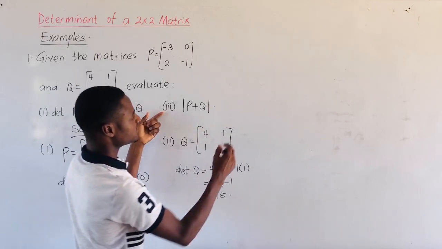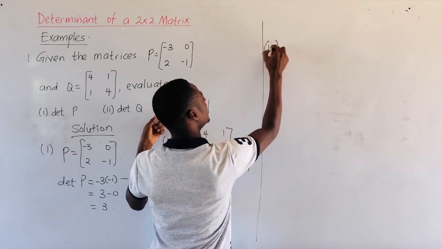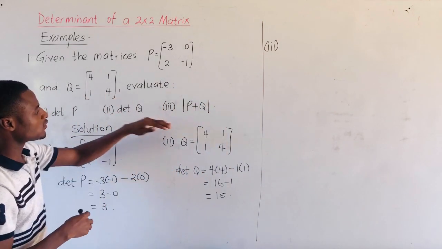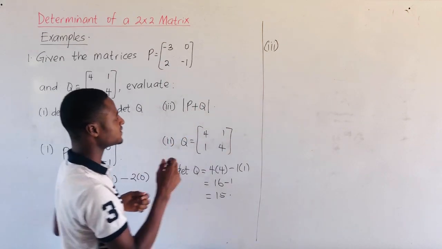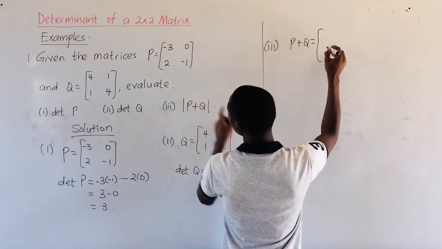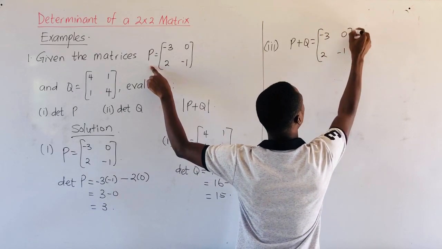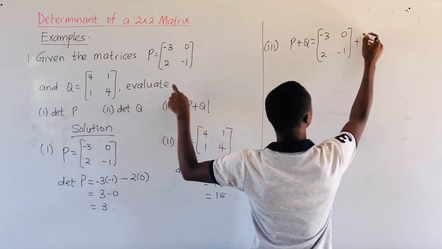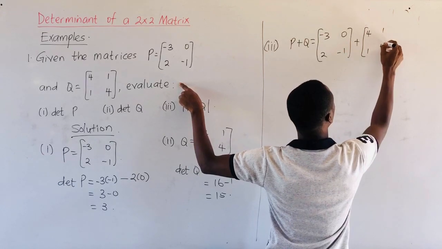In the third question, we are supposed to find the determinant of the matrix P plus Q. So we need to get matrix P plus Q, which is P plus Q is equal to negative 3, 0, 2, negative 1, plus Q is 4, 1, 1, 4.